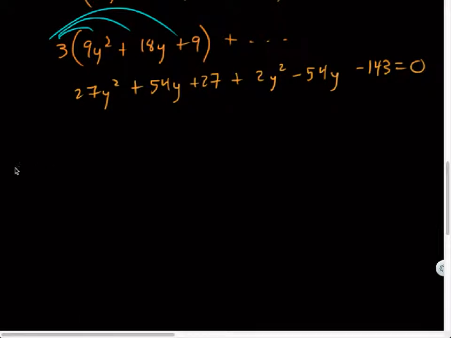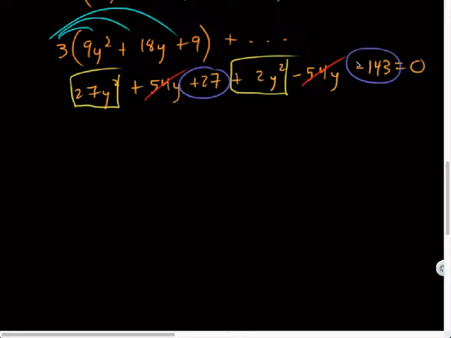So let's go through and keep simplifying, combine some like terms. It looks like the 27y squared and the 2y squared, those are friends. You might have realized 54y and negative 54y just cancel each other out. And then these guys are like terms as well.